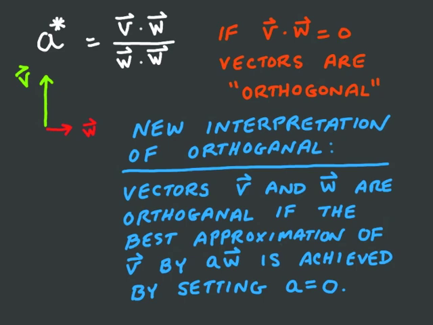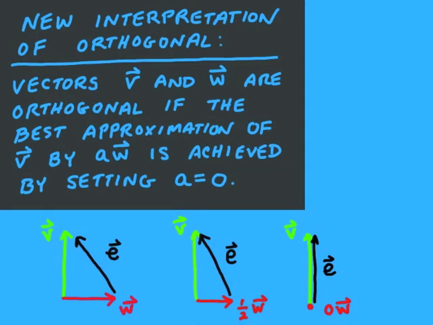This is nice because before, our notion of orthogonality was always purely geometric. It was that the two vectors were at 90 degrees to each other. But now we have a new notion of orthogonality, that v and w are orthogonal if the best approximation of v by a times w is achieved by setting a equal to 0.